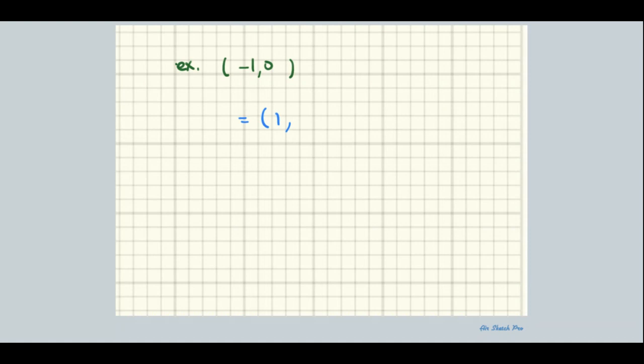What's the angle? No, that's not right. The length is 1, but where is this thing? Right there, 1 unit straight left, 180 degrees, or pi.